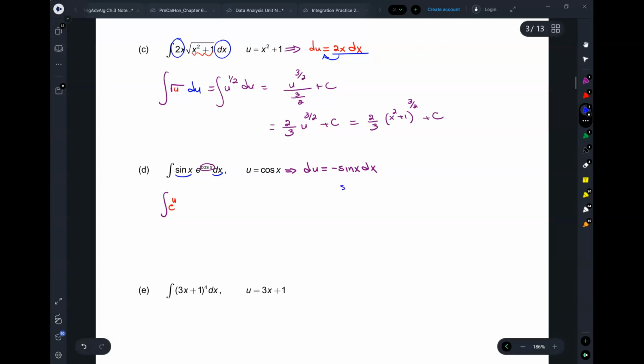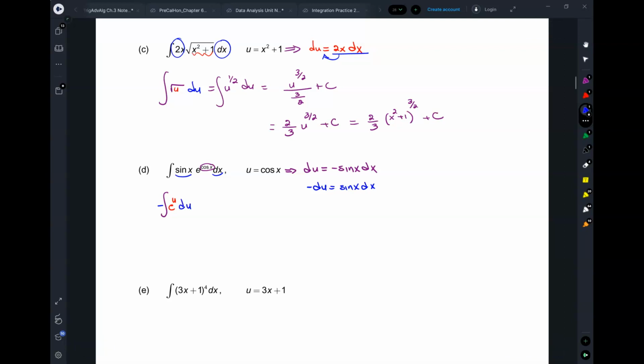So how much is just sine x dx? Negative du, right? So we have to do a little bit of manipulation there. So instead of the sine x dx, I'm going to put in a negative du. But look at how I put in the negative du. Negative can go out there, and the du can go over there.